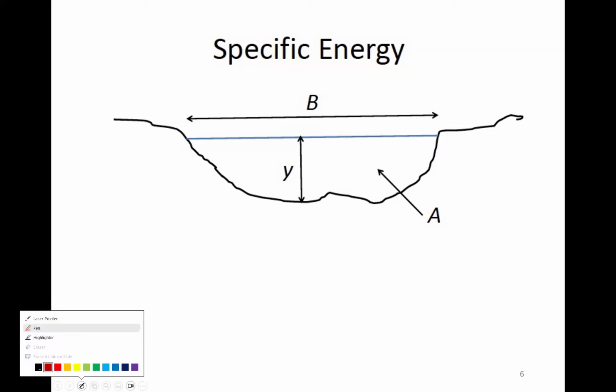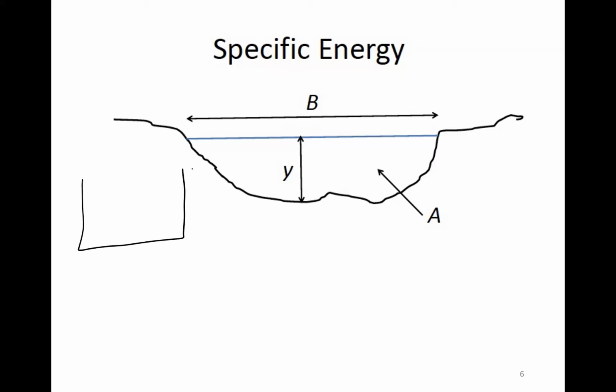Now, if you remember, for a rectangular channel, which looks like this, if the water surface is here, we have a depth of Y and a top width of B, which is the same as the width of the channel itself. And the specific energy was defined as E equals pressure head plus velocity head, V squared over 2G.